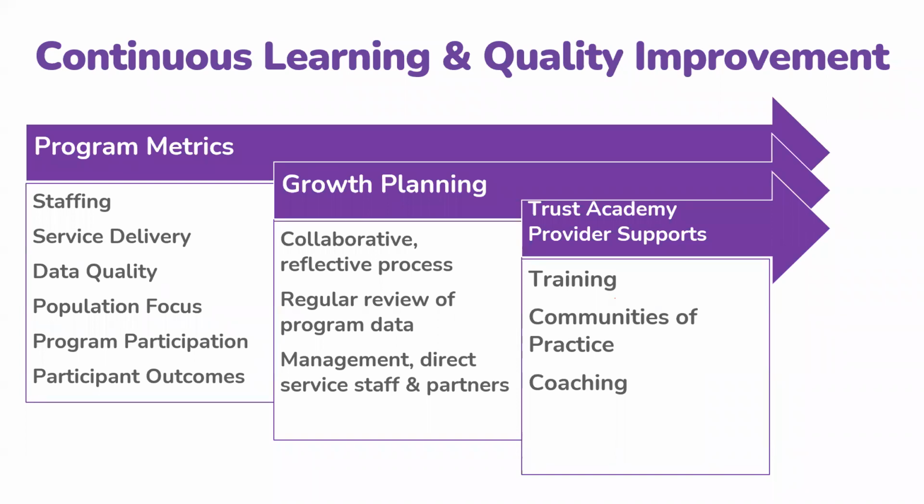So you'll see that there's a theme around what we look for in application and how it translates then into program implementation, as well as how we're looking at the expectations for each program. And everything that we do is very much in collaboration with our funded providers. We take a collaborative and reflective process to review data, to talk about the data, to ask what's the story behind the data.